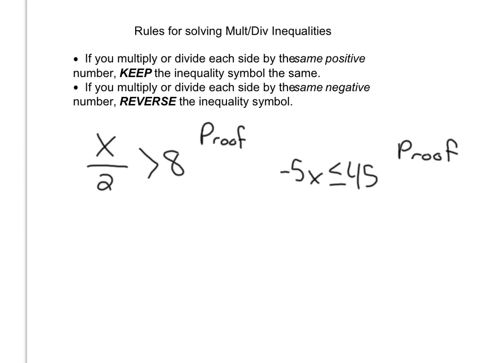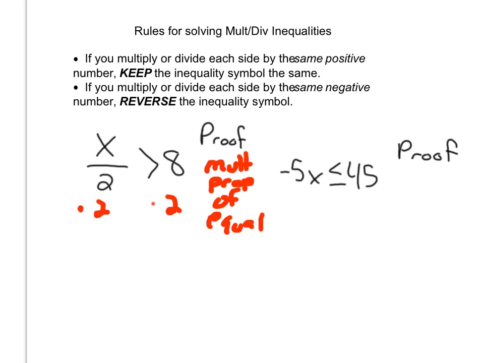There's 2 different examples with proofs. Okay? This first one says x divided by 2 is greater than 8. So I'm going to solve this like normal. The only thing I have to do is multiply by 2 on both sides. This is the multiplication property of equality. Alright? Well, when I do the multiplication property of equality, now look.